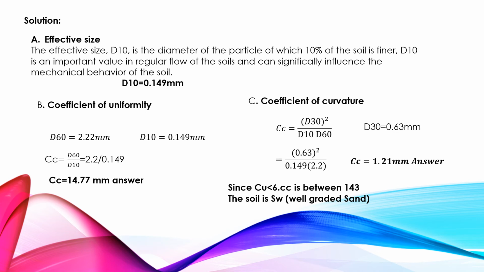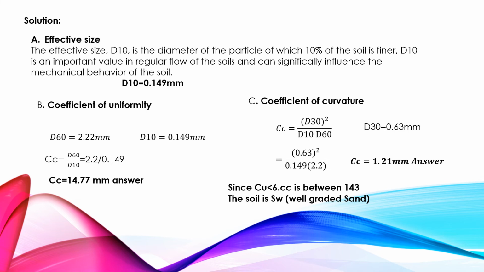Diameter 60 equals 2.22 mm. Diameter 10 equals 0.149 mm. So let's substitute. Diameter 60 over diameter 10 equals 2.2 over 0.149. The answer is 14.77.